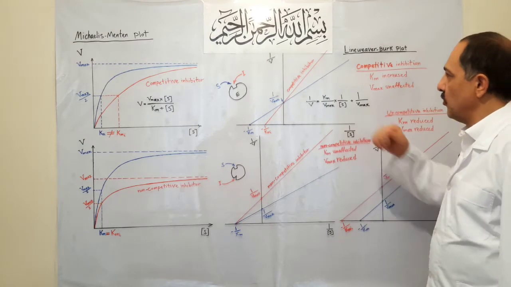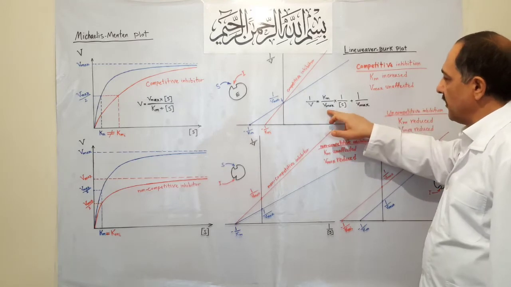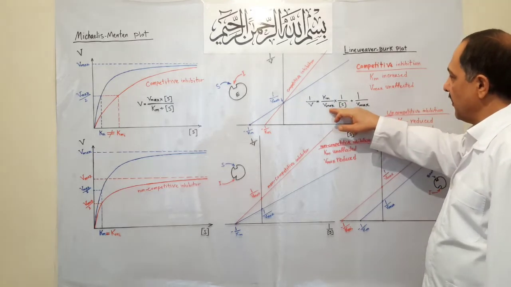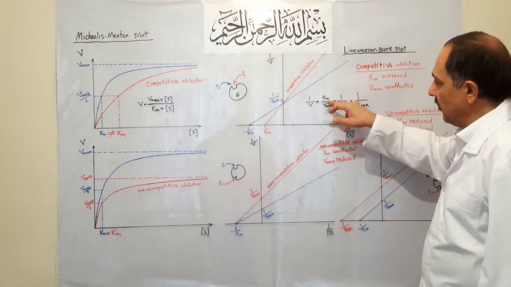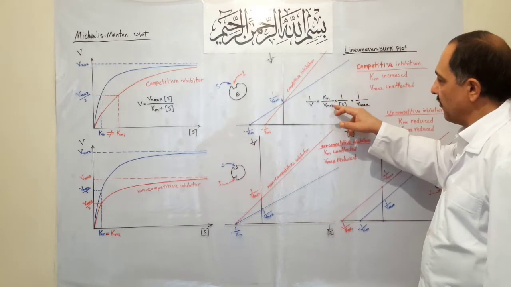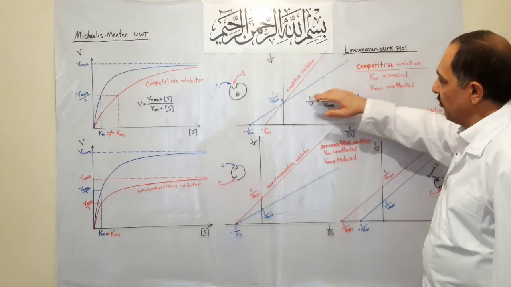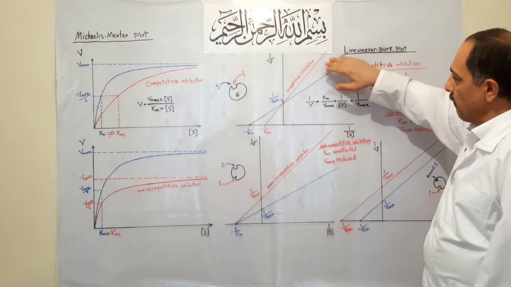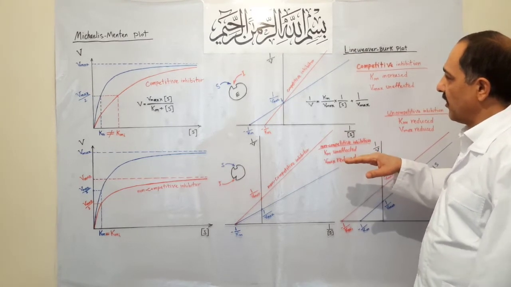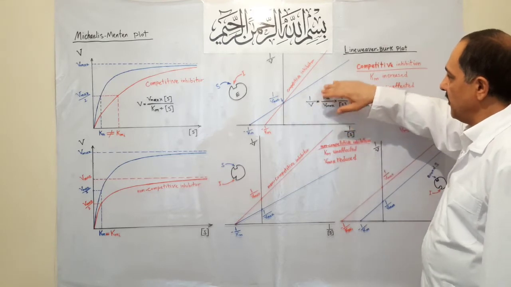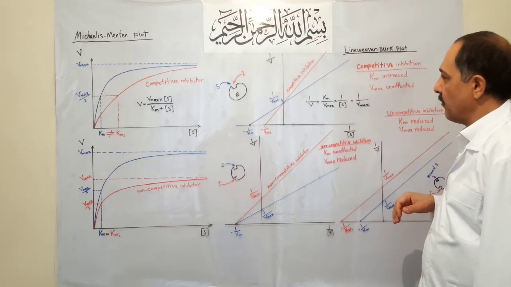Please pay attention to Lineweaver-Burk equation. Vmax is unaffected here and is constant, but Km is increased. So this ratio, namely Km divided by Vmax, which is the slope of the line, is increased, as you see in red line. So the slope of the line in presence of competitive inhibitor is steeper than that in absence of competitive inhibitor.